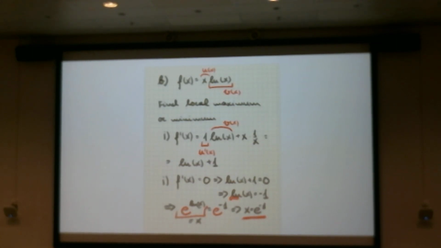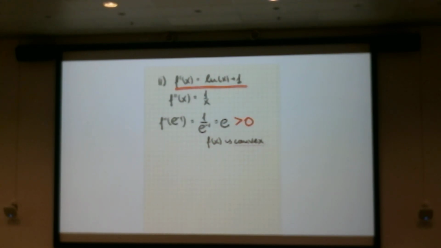The trick is that if the left-hand side, in terms of logarithm, is equal to the right-hand side, then if I use them as powers of some other function, then equality in the middle should be preserved. But if I choose this function to be e, the exponential, then e and logarithm cancel each other. And then we only have x on the left-hand side. So we get that x is equal to e to the minus 1.